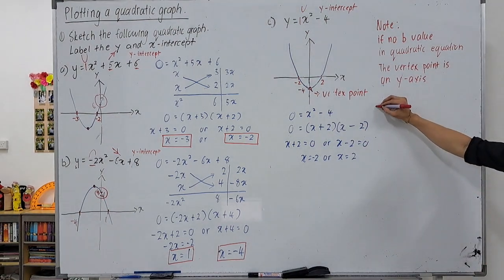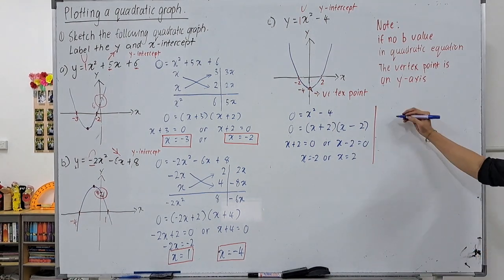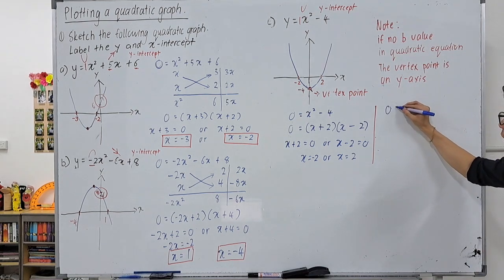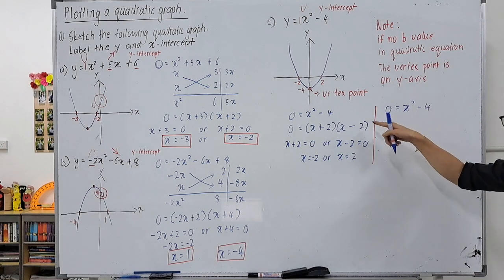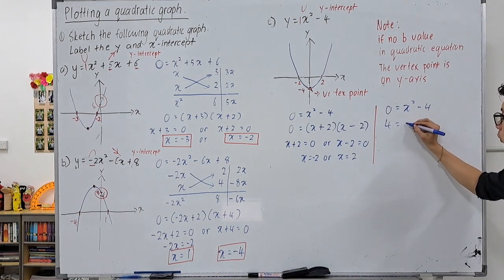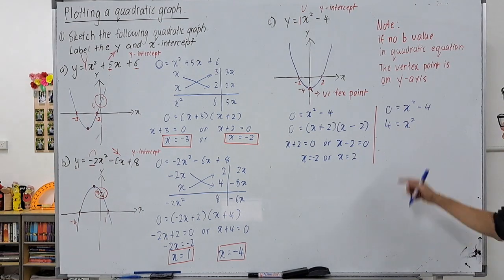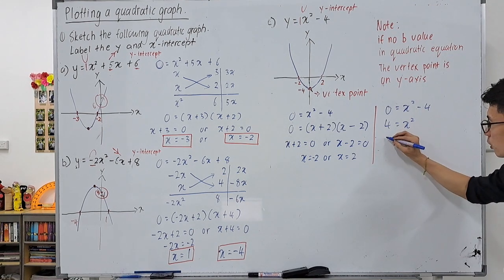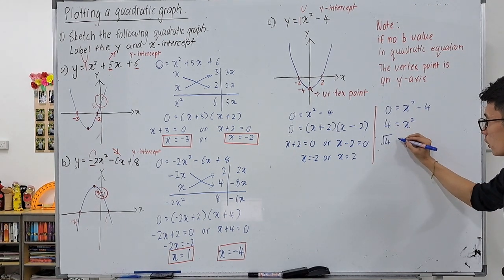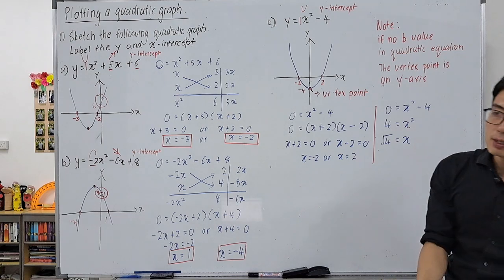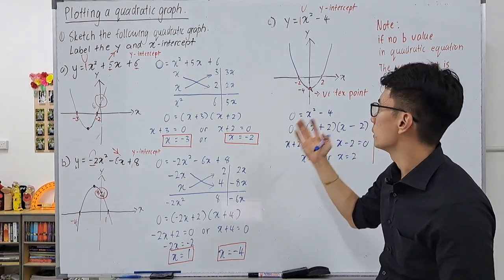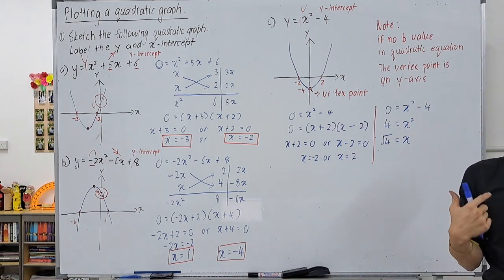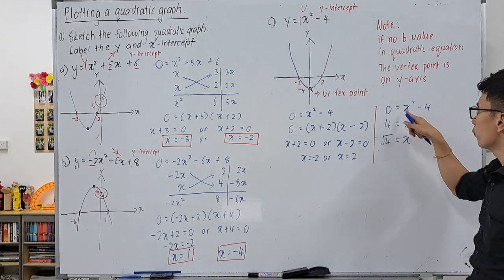Or you can solve it using an algebraic method. So 0 equals x squared minus 4. I can move the 4 over here, so this gives me 4 equals x squared. Now take the square root: the square root of 4 equals x. But do remember, we are not dealing with an area over here. We are just dealing with all possible values of x that will give you 0.